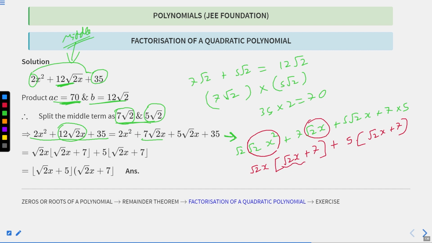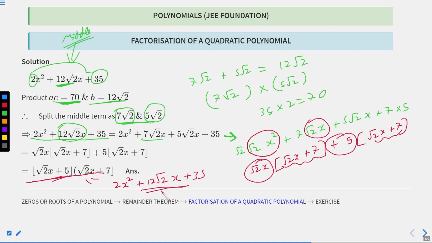Now taking this common from both terms, I get root 2x plus 7 times the bracket root 2 plus 5. So my factorized form will look like this, and if you expand it, you will get your original quadratic form. I hope this clears the middle term splitting procedure.